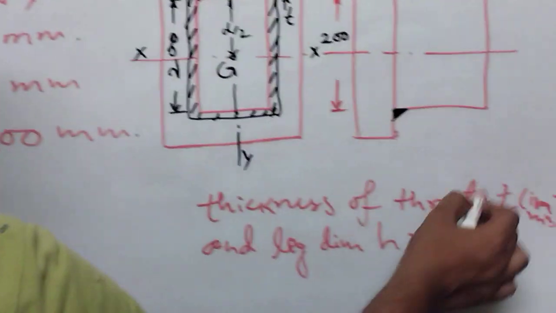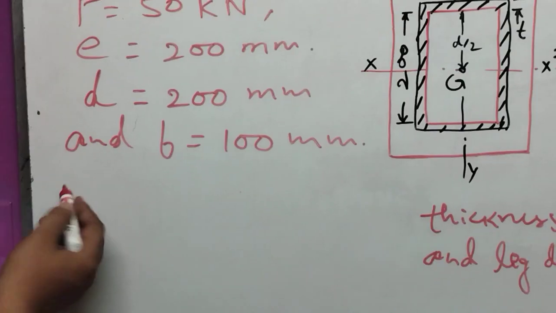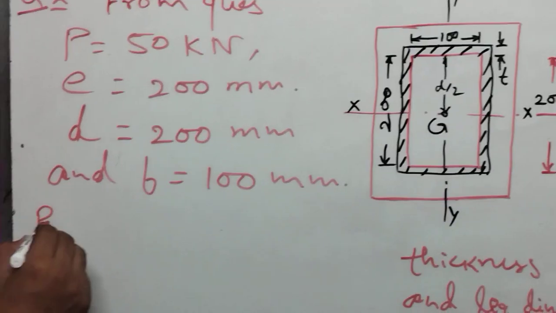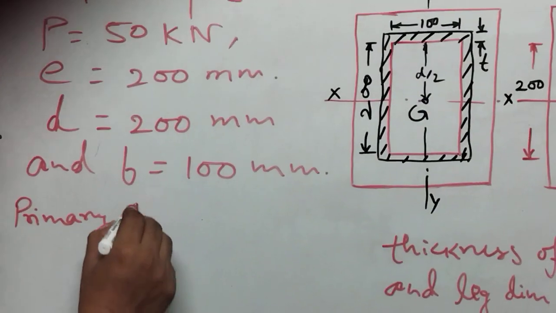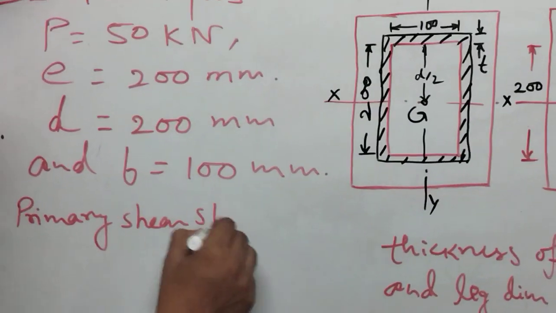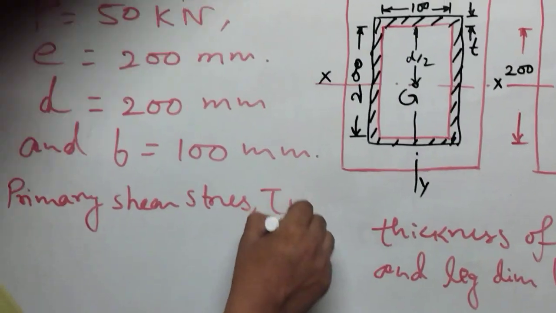For this calculation, first we find the primary shear stress, tau 1.